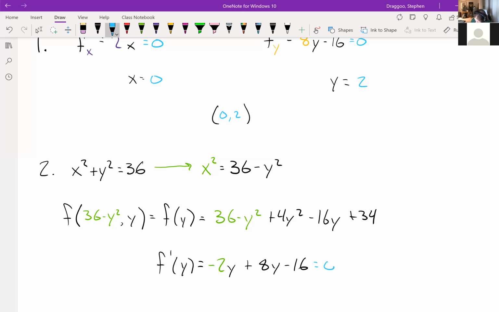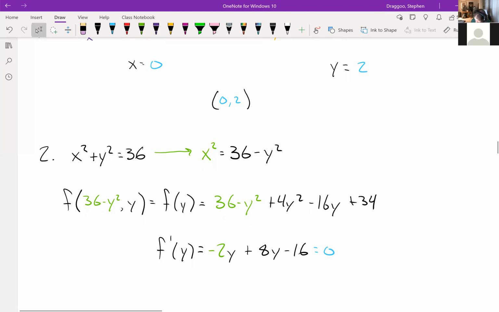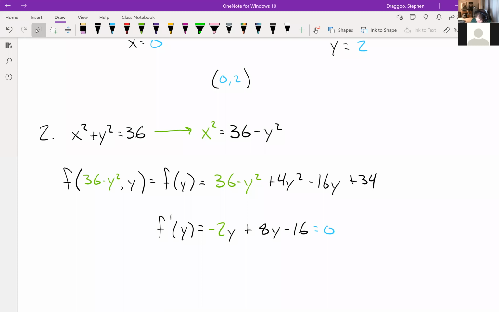And again, I want this thing equal to 0, which means that y is going to be 16 over 6, which I'll just call 8 over 3.